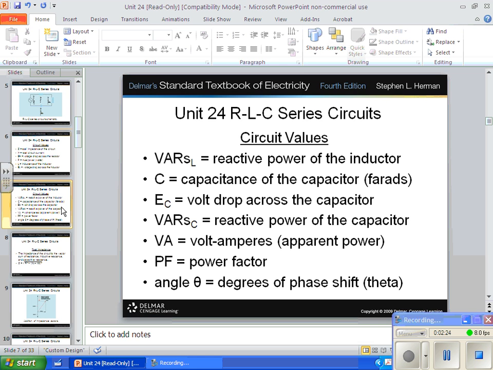VARs, that's reactive power. C is the capacitance of the capacitor in farads. Voltage drop across the capacitor is E sub C. VARs, S sub C, or VAR sub C, is the reactive power of the capacitor. And volt-amps, that's apparent power. Power factor and the phase angle are related directly.